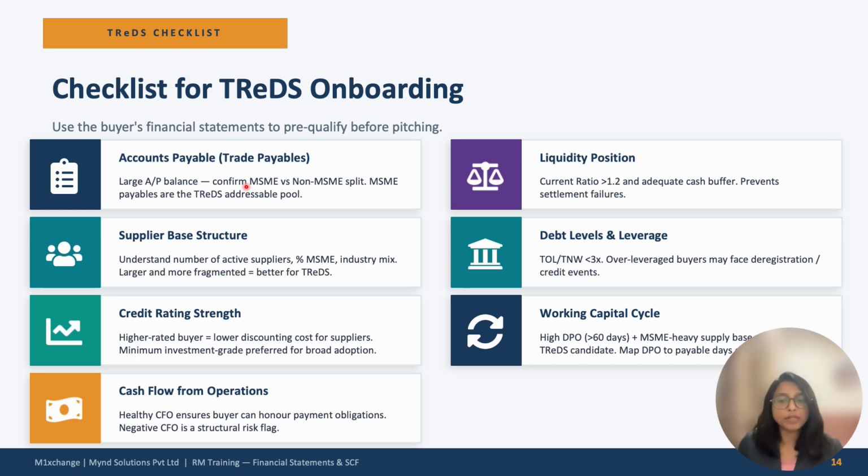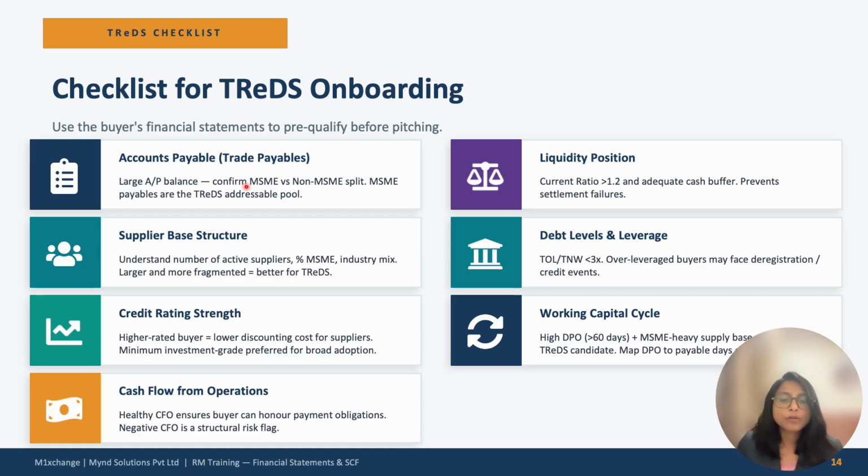But if a company does not have large MSME suppliers, then it might not be very suitable. The buyer might not be very interested to get onboarded on the platform, because it will not help much.